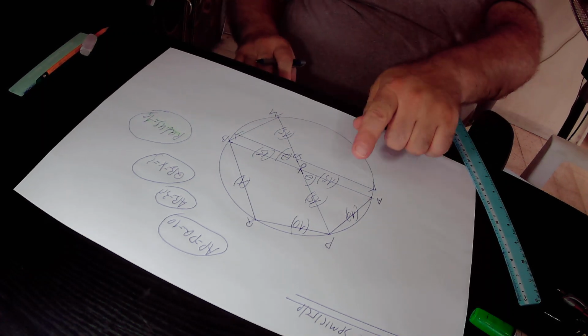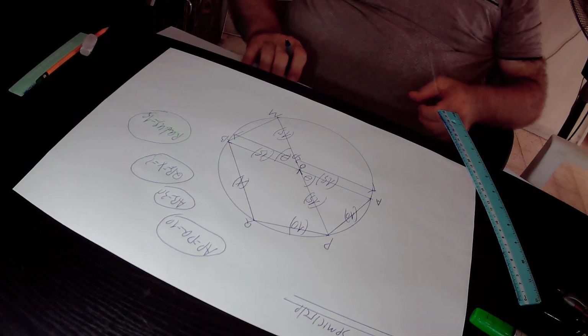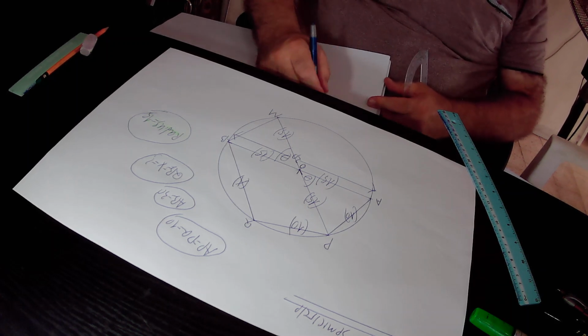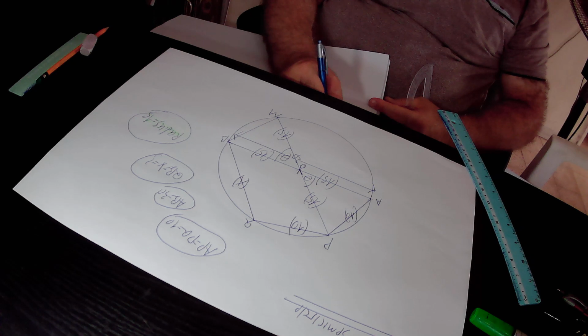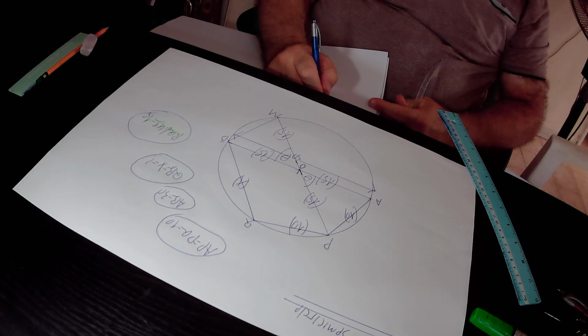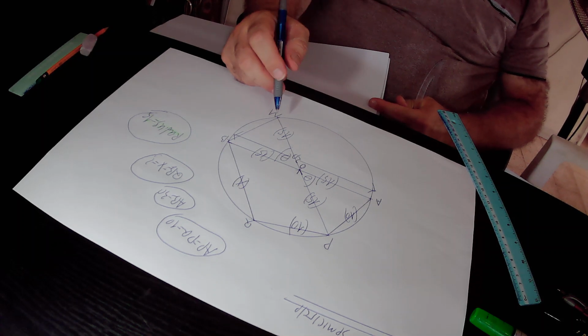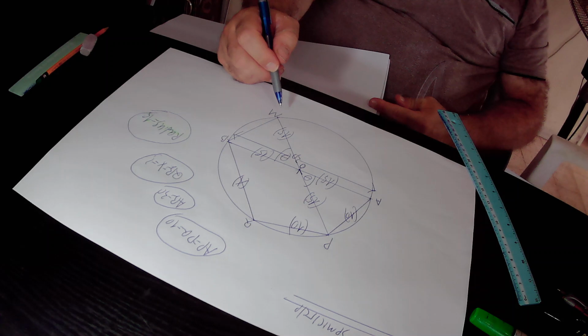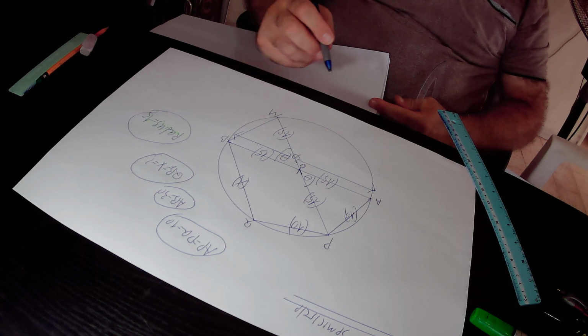So this is triangle APO, and we will prove that it is congruent to this triangle OMB.